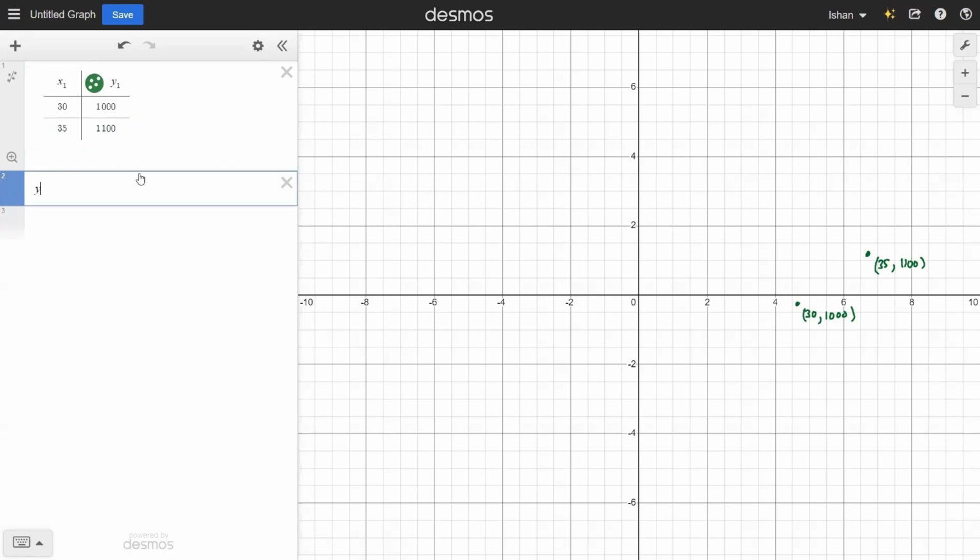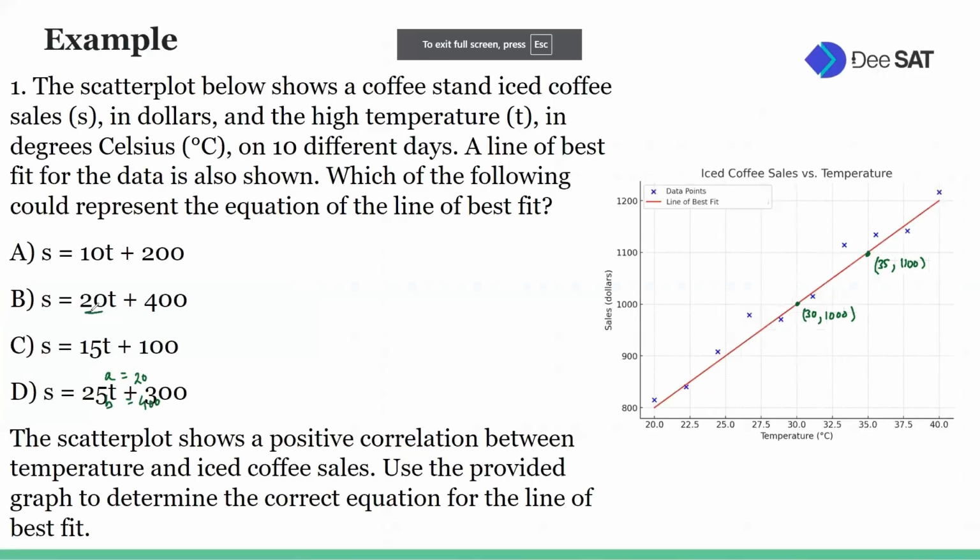I'll say y1 is regressed on ax1 plus b. The value of a, that is the slope, I get is 20, and the value of b I get is 400. In the equation, you will see that 20 is the slope and 400 is the y-intercept. That means B will be the correct answer.